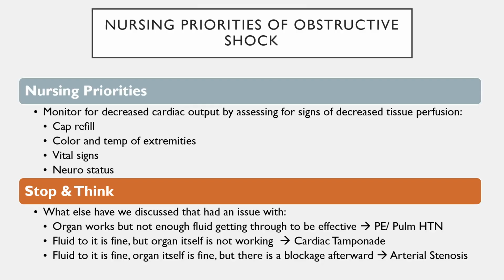So we are able to perfuse all day until it gets back up to the heart and nothing can go in because the heart's being squeezed with that cardiac tamponade. Fluid is fine, organ itself is fine, but there's a blockage afterward. So maybe there is arterial stenosis. Maybe there is aortic dissection somewhere.